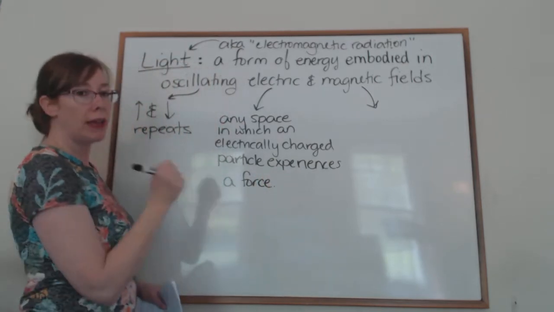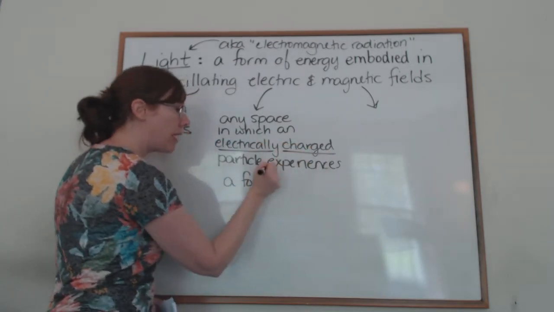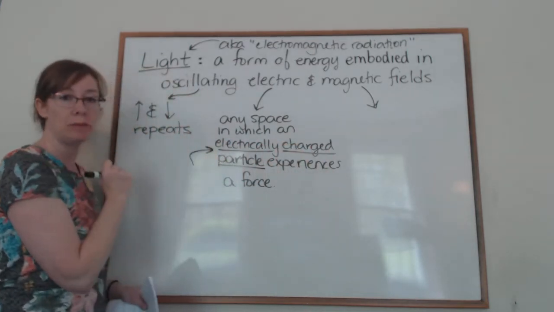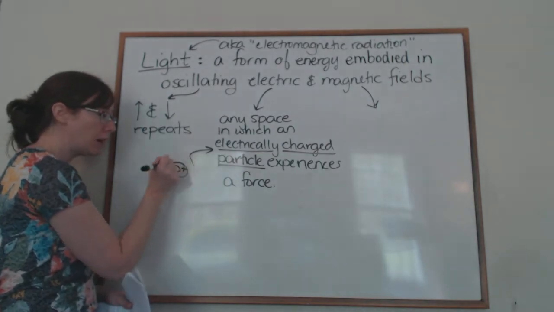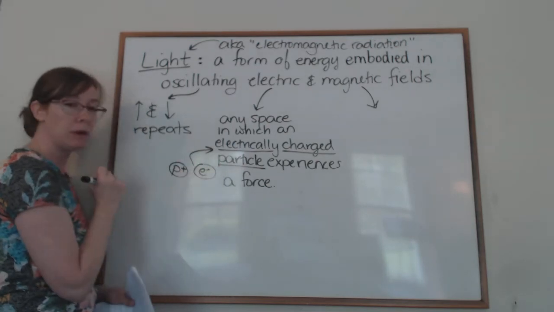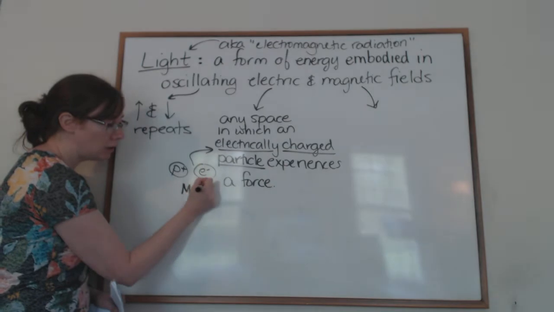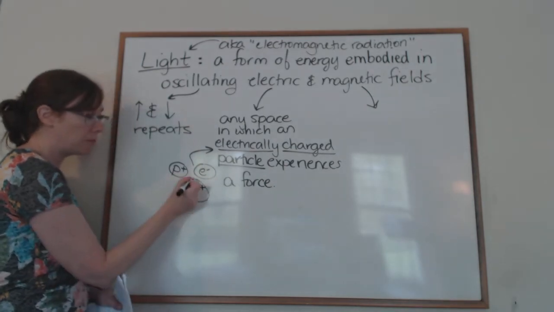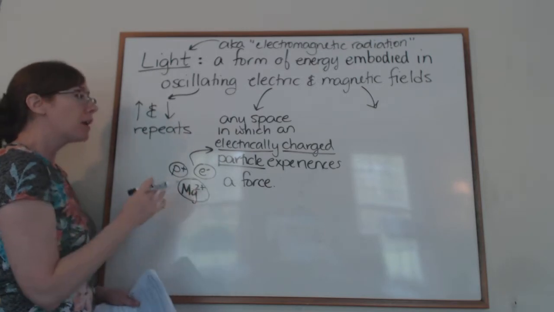Okay, so we can certainly understand this. An electrically charged particle, we have learned about actually 3 types of electrically charged particles. We've learned about protons, which as we know have positive charges. We've learned about electrons, which as we know have negative charges. And we've also learned about ions. Ions are also electrically charged particles. They're just a lot bigger. But any ion would also be an electrically charged particle.